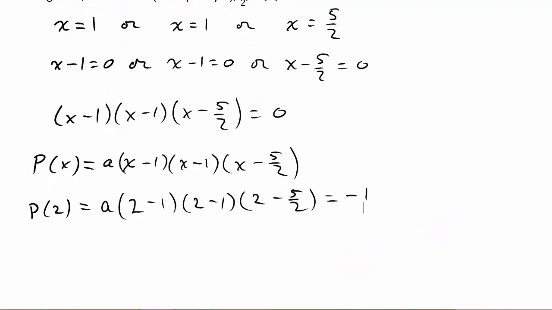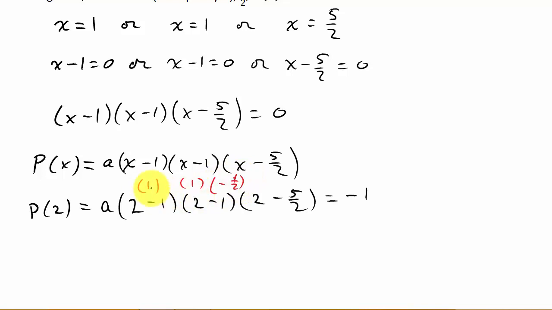Now if we evaluate this, 2 minus 1 is 1, 2 minus 1 is times 1, and 2 minus 5 halves, that's 4 over 2 minus 5 halves, so that's times negative 1 half.